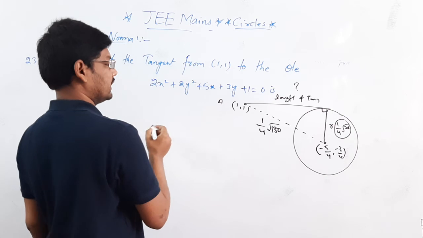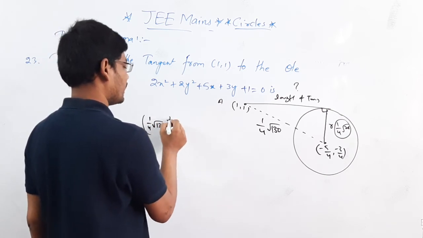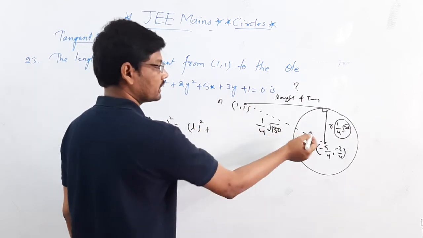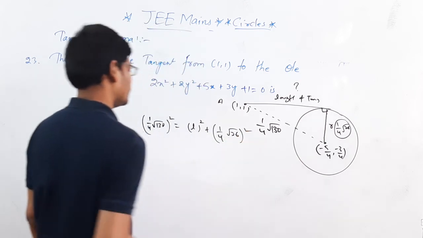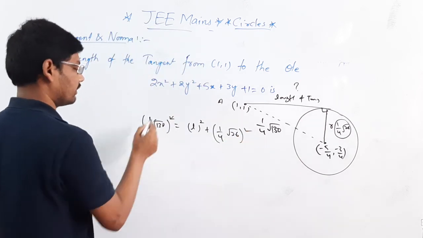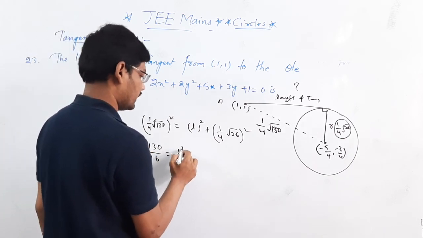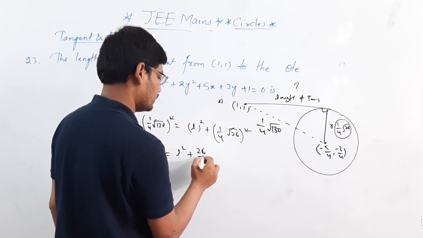So Pythagoras theorem: 1 by 4 root 130 whole square is equal to length of tangent L square plus 1 by 4 into root 26 whole square. Here square and root can cancel. 1 by 4 square gives 130 by 16, and L square plus 26 by 16.